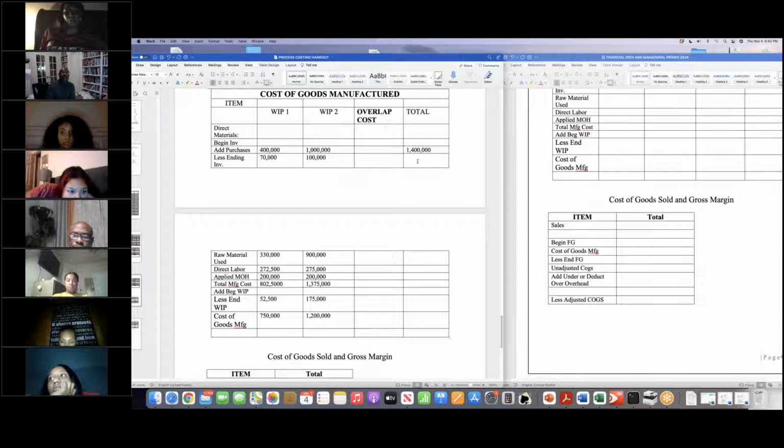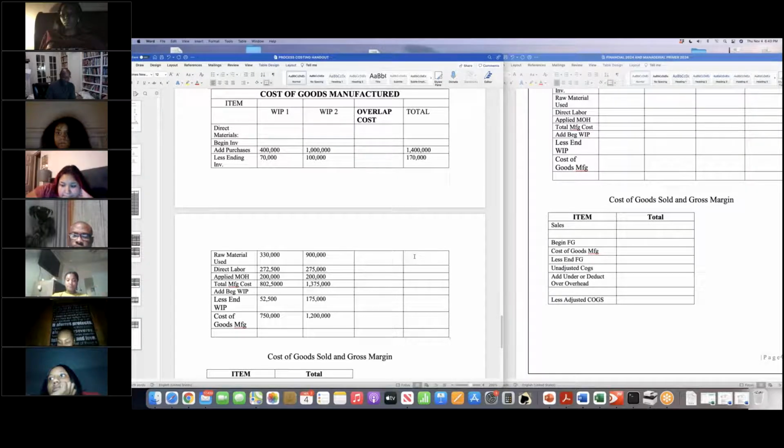170 was less the ending 170. So the raw materials used, either subtracting 170 from 1,400,000 or adding these two numbers together, is 1,230,000.